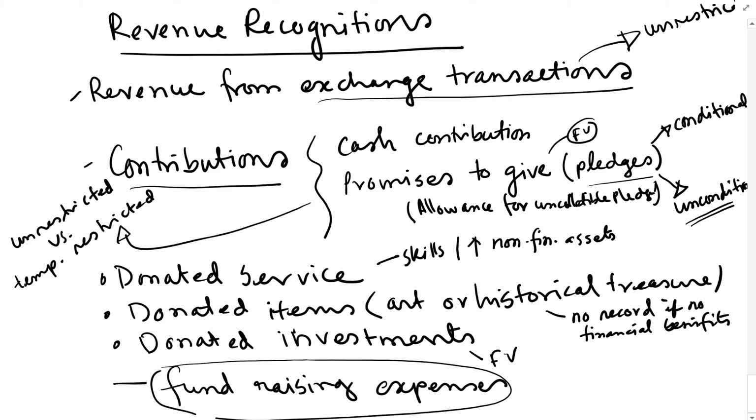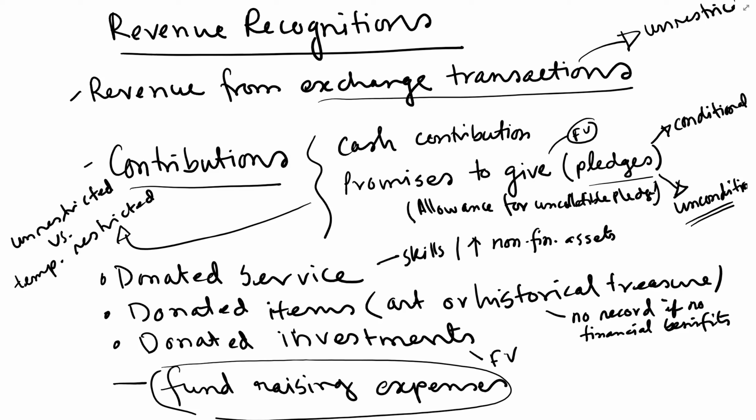So if there are any expenses that relate to a specific fundraising campaign, then we have to subtract that amount from our contribution. Basically, whatever contribution we receive, if we spend any amount to get those contributions, we subtract it at the fair value of those fundraising expenses, and this is how you show the net contribution revenue.